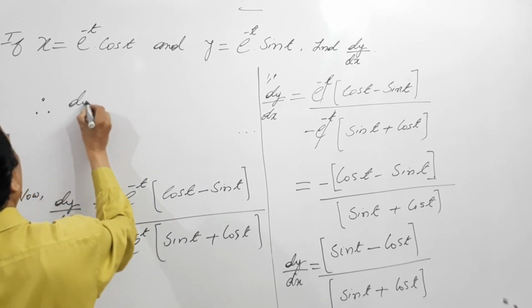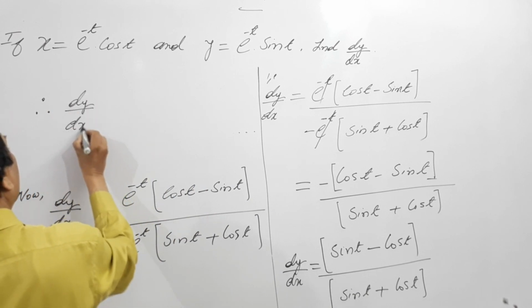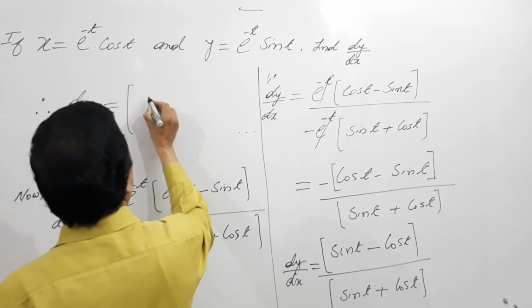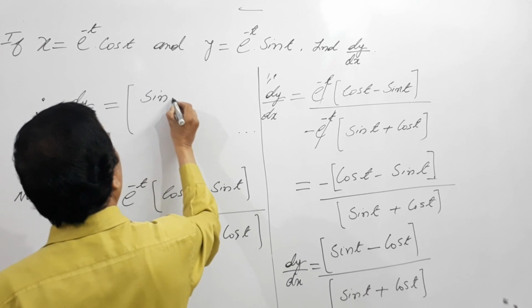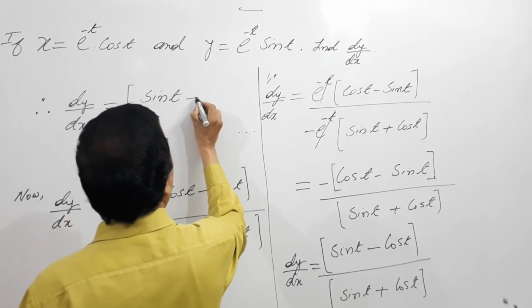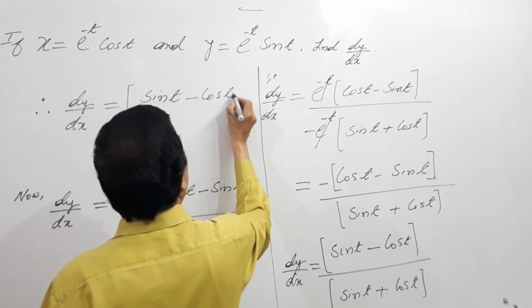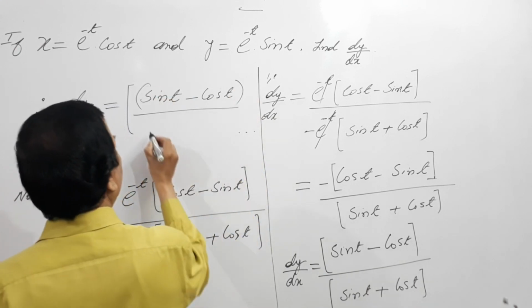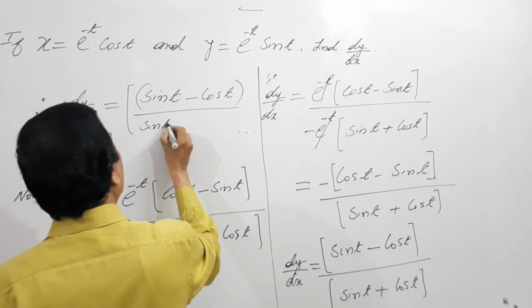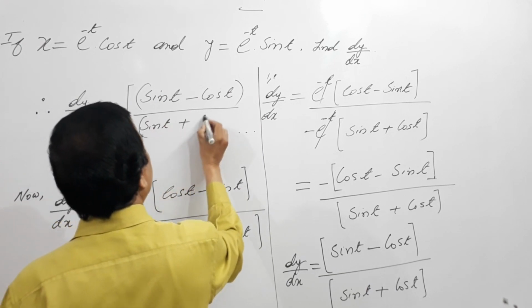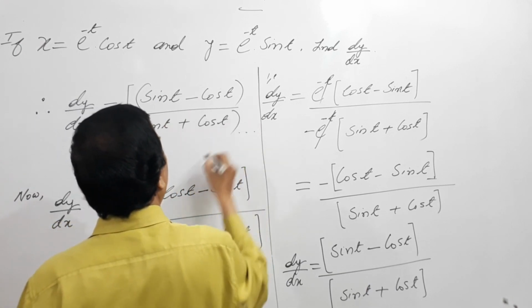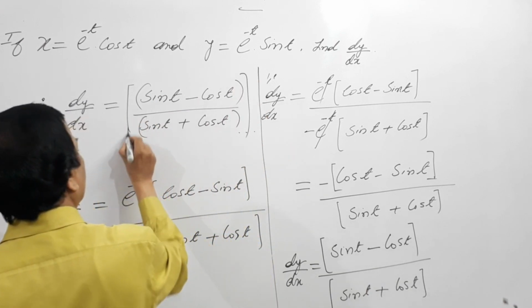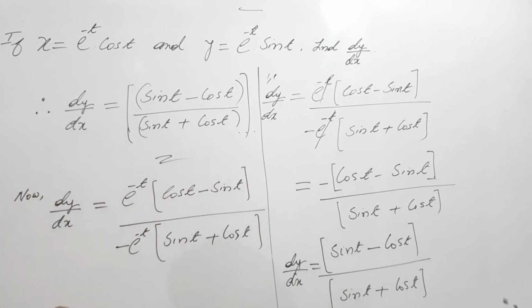Therefore, dy by dx equals (sin t minus cos t) divided by (sin t plus cos t). This is our required answer.